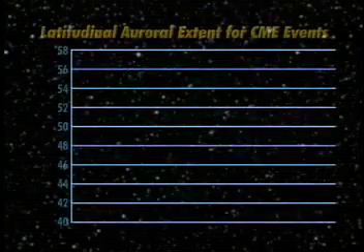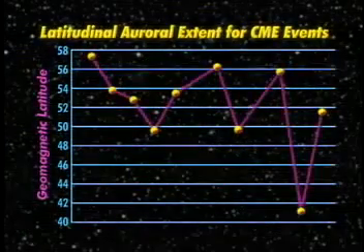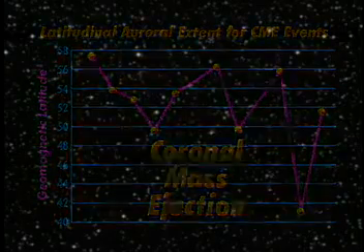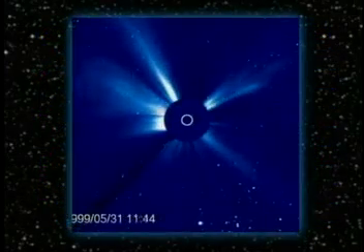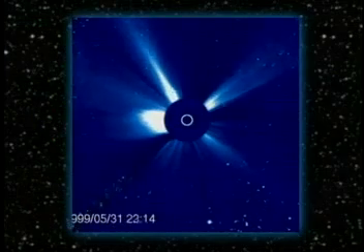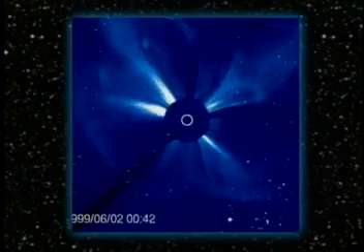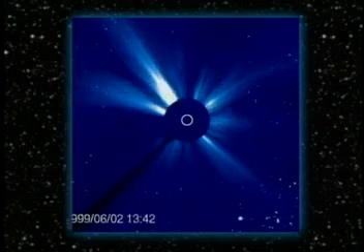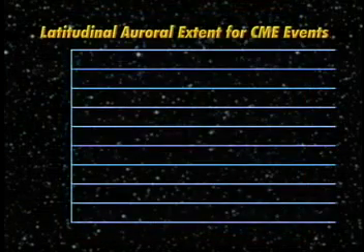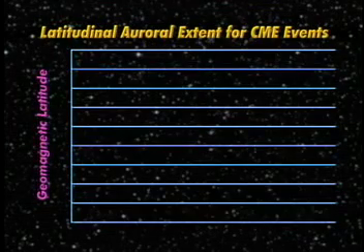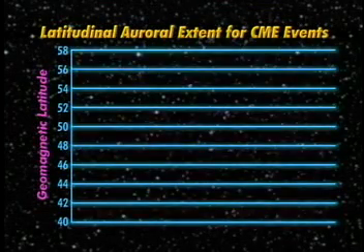For example, the following graph shows you the latitudinal auroral extent for selected coronal mass ejection events. Coronal mass ejections, or CMEs, are gigantic explosions caused by the sun that can reach speeds of millions of kilometers per hour. It takes around 3 days for a CME to reach the Earth. The vertical axis of the graph is the geomagnetic north latitude from 40 degrees to 58 degrees.